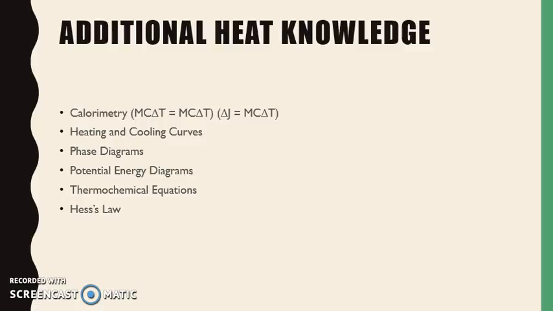Phase diagrams, those are those weird pictures that have like a triangular shape on the inside of it that separates solid, liquid, and gases. Potential energy diagrams, 2 weird plateaus with a weird hump in between. We'll take a look at those again when we get back into school. Thermochemical equations, we just talked about those, and Hess's law.